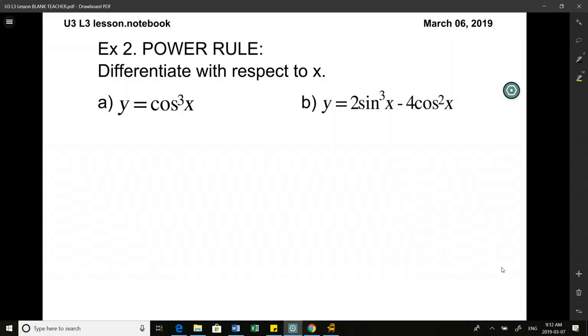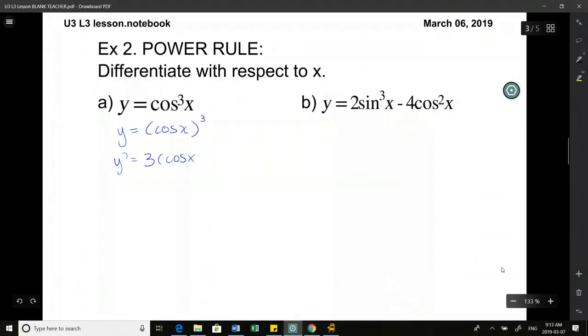So this is kind of the same idea when we say cos cubed x. This is what Mark was just asking about. Really what we're saying, it might be helpful to think of it as this, right? Cos x times itself 3 times, right? So we're going to use power rule, and then also we have to do kind of like a chain rule thing. So the first part, when I take the derivative, is I want to bring down the 3 and subtract 1 from the exponent. And then I also want to multiply by the derivative of the inside.